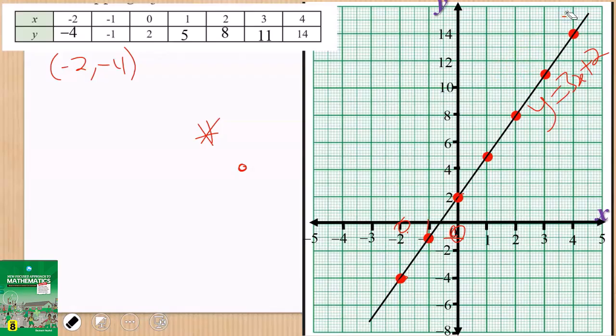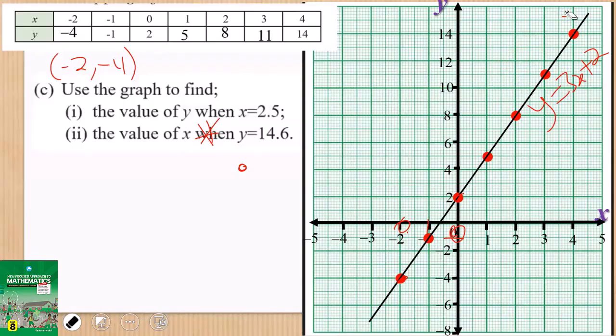Now, the first question: we have to use the graph to find the value of y when x is 2.5. So when x is 2.5, it will be located somewhere here. Then we trace it with our ruler straight to meet the line, and then to the y-axis, and that gives us 9 point something, because in between here is 9.